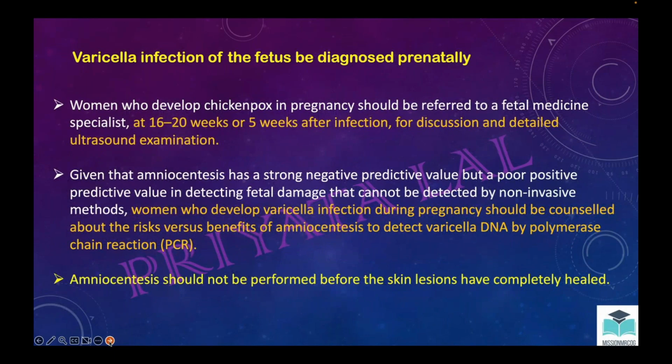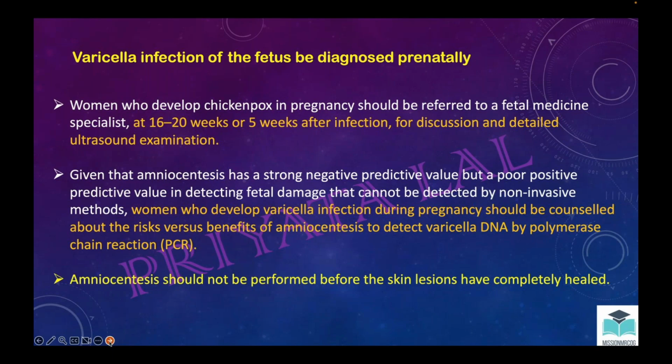So if the woman gets varicella, what is to be done? She can be referred to the fetal medicine unit for discussion and a detailed ultrasound, either at 16 to 20 weeks of pregnancy or 5 weeks after infection. Why? Because by that time the amniotic fluid may be formed, and viral markers can be found from the amniocentesis.